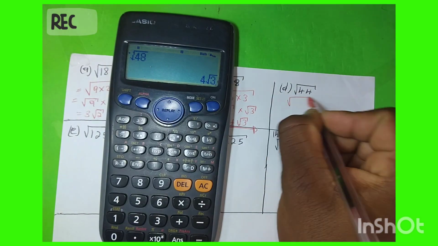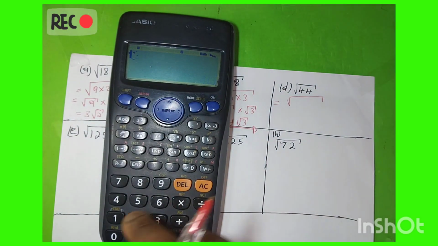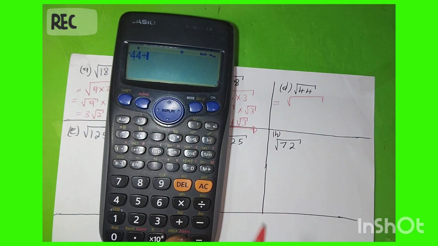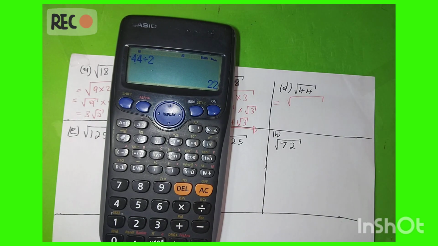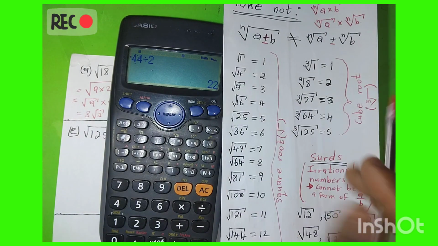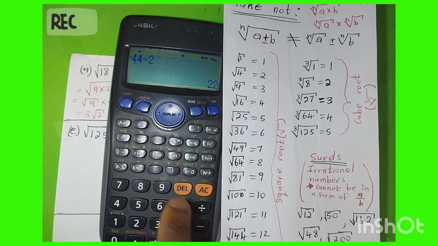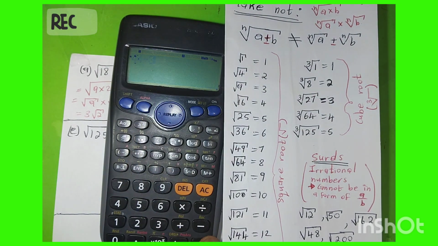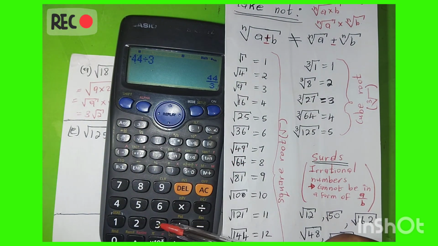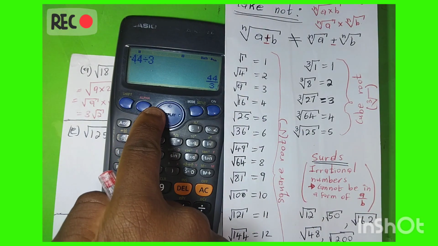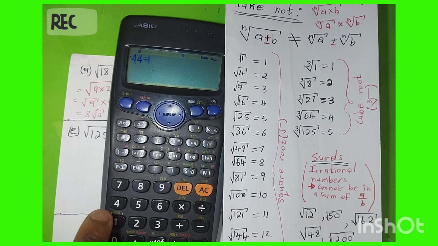Here I should introduce a perfect square. For me to introduce a perfect square, I'll start by dividing by 2. Here I didn't get a perfect square. Let's try to divide by 3. Meaning also 3 doesn't give me a perfect square. Let's try to divide by 4.